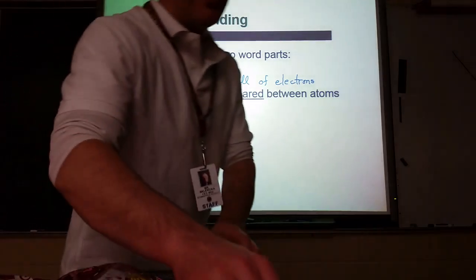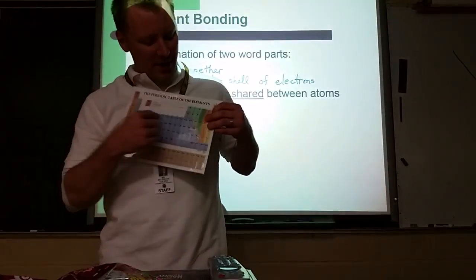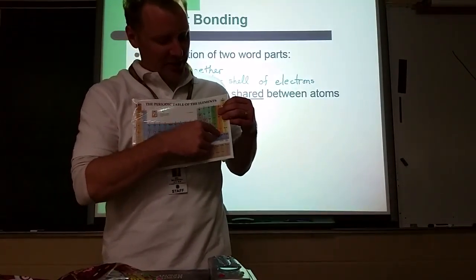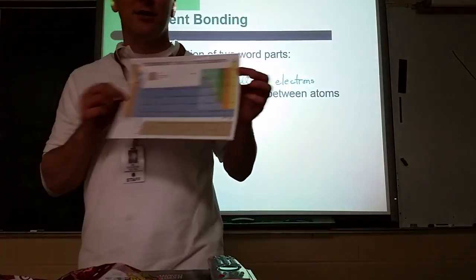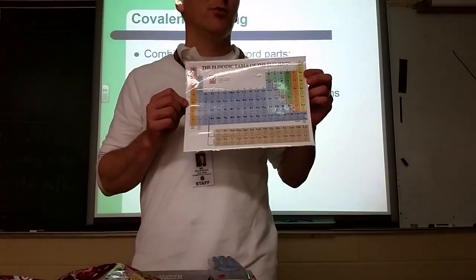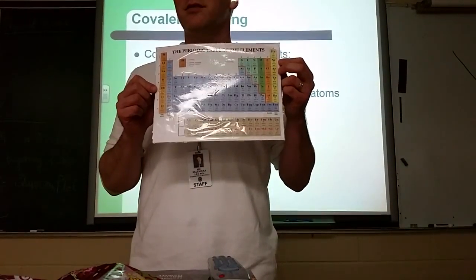The periodic table actually tells us. It's got a big divider right here. So if you look on this one, it's red. On yours, it's just bolded. That line is the divider between metals and nonmetals. Which side has the metals and which side has the nonmetals?